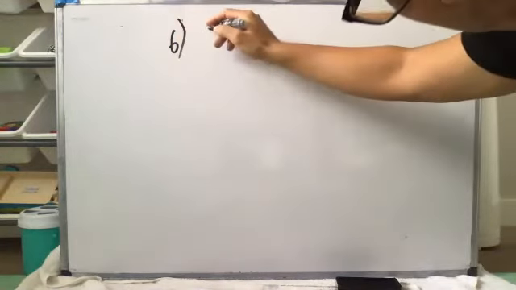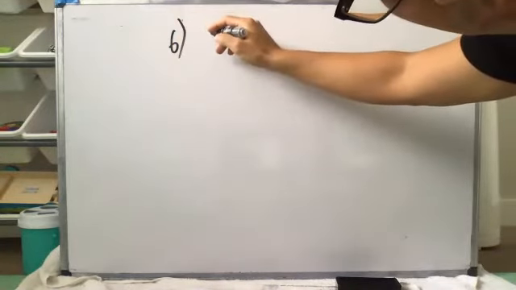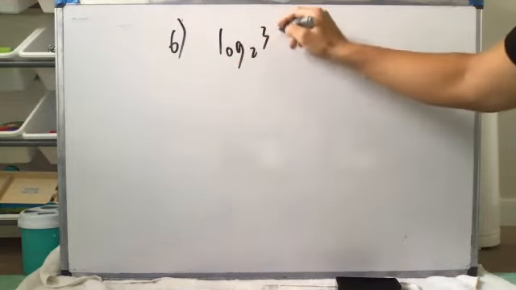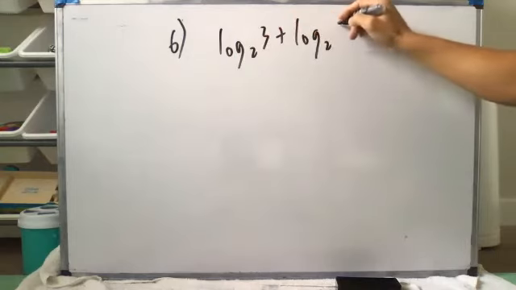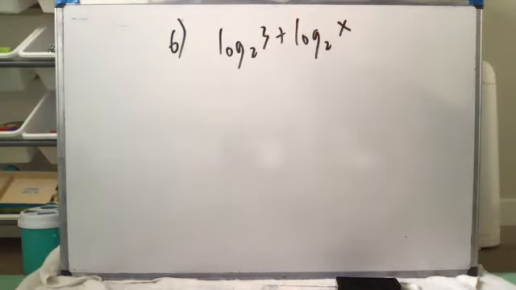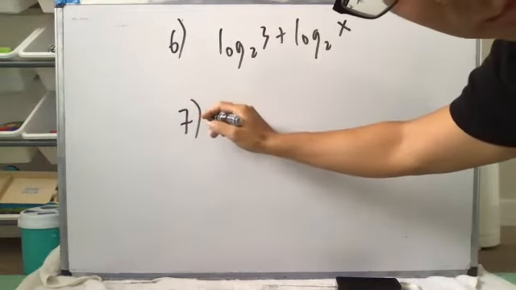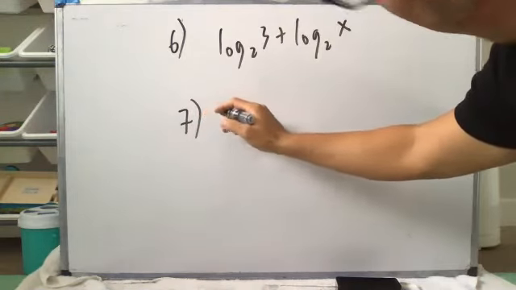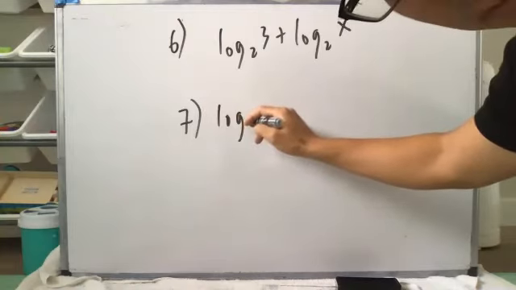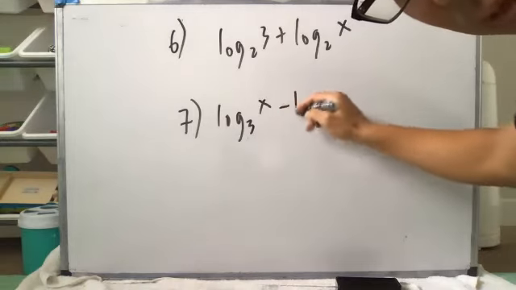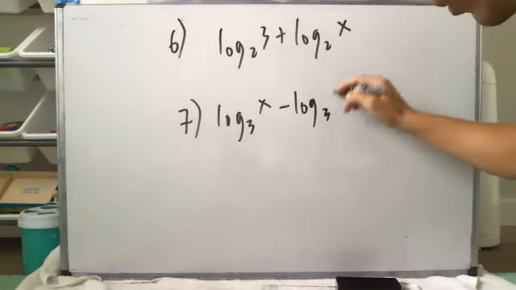All right, we're on number 6: log base 2 of 3 plus log base 2 of x. Let's do the first 3 together. Number 7: log base 3 of x minus log base 3 of 2.